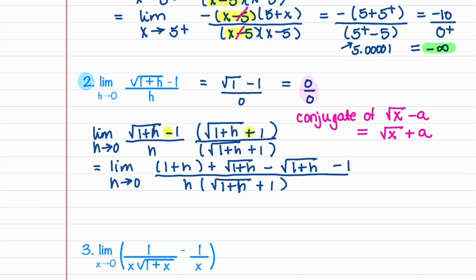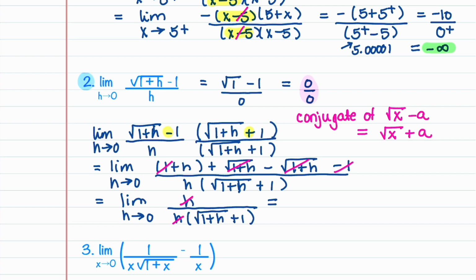Now let's see what cancels. This term is going to cancel with this term, and our 1 is going to cancel with our 1. So we have the limit as h goes to 0 of just h on top, and then we have an h in the denominator and a square root of 1 plus h plus 1. Now you can see that our h's cancel, and that's why I didn't multiply things out.